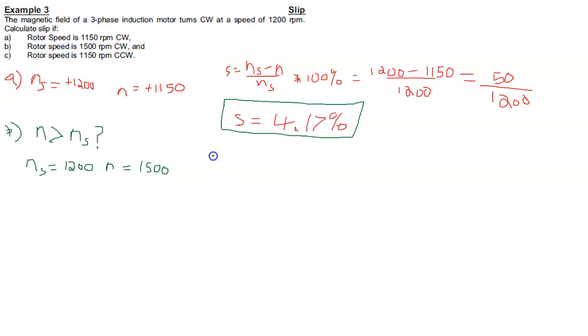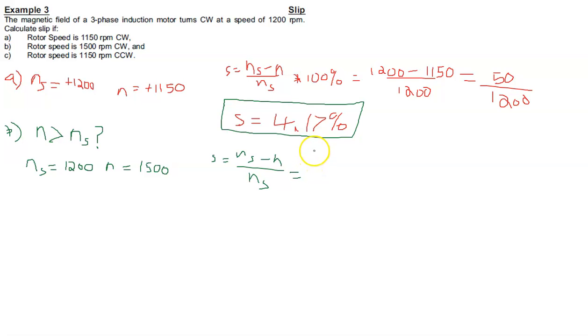And so if we go ahead now and calculate the slip as ns minus n divided by ns, and so don't forget the 100%, right?